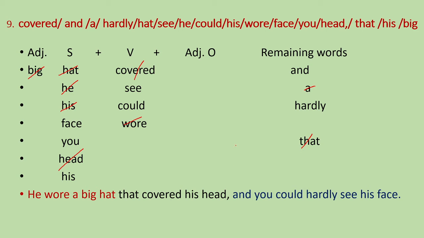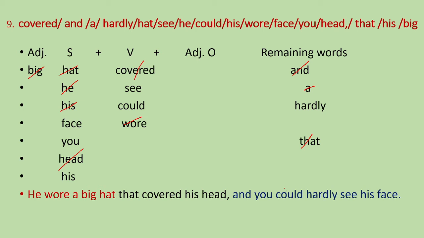and you could. So what else can we write here? We have see. So you could see his face. But when it says there was a big hat that covered his head, the meaning should be that you were not able to see his face.